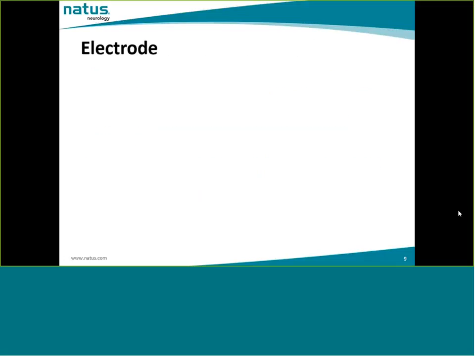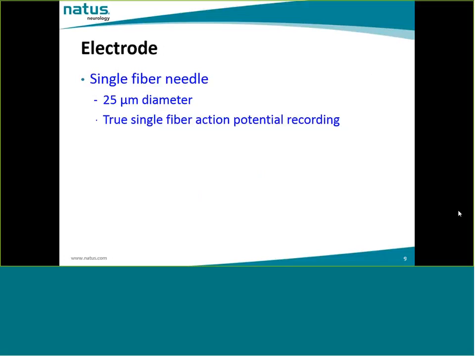For jitter analysis, we often use the so-called single fiber needle. This needle has a very small recording surface, only 25 micron in diameter. And this allows us to truly record a single muscle fiber action potential.